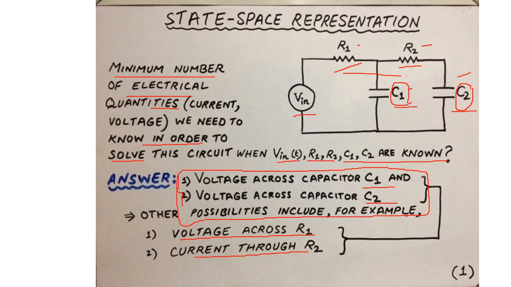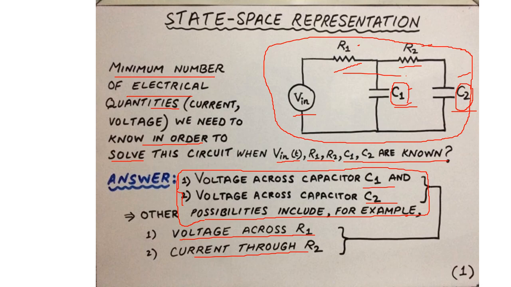To understand this answer, first consider that there are multiple ways to solve the circuit. For example, from your circuit theory course, you can readily tell that this circuit can be solved by first writing its differential equation because it has some capacitors. It is an example of a dynamic circuit. Therefore, it requires a differential equation.